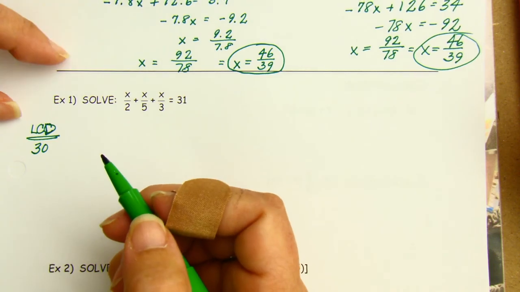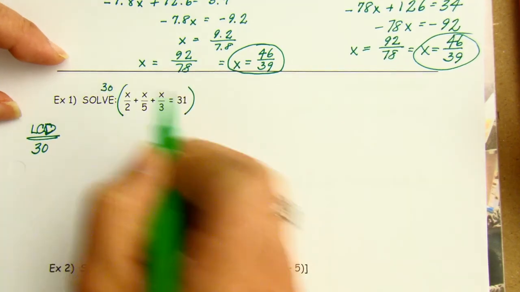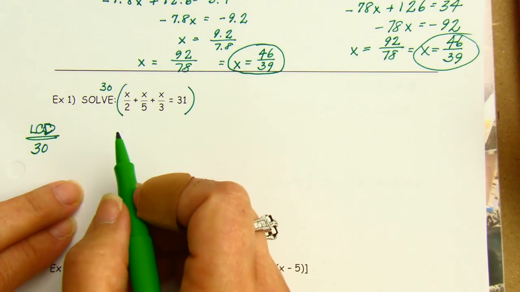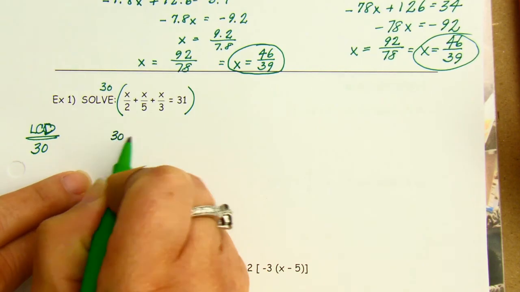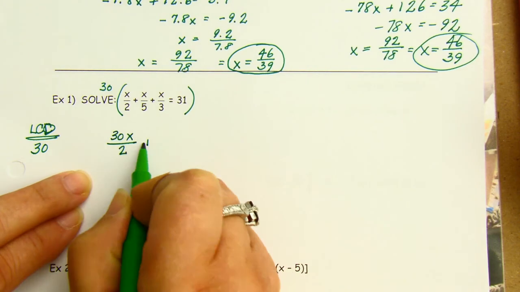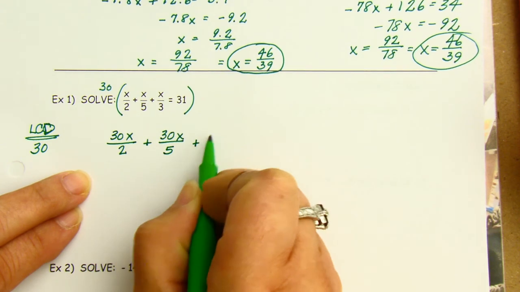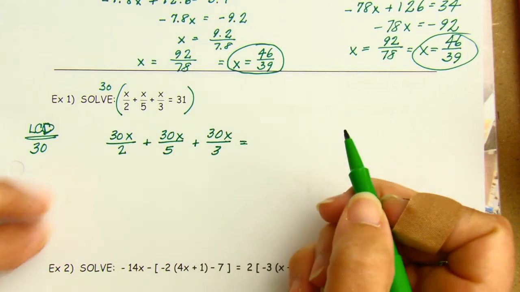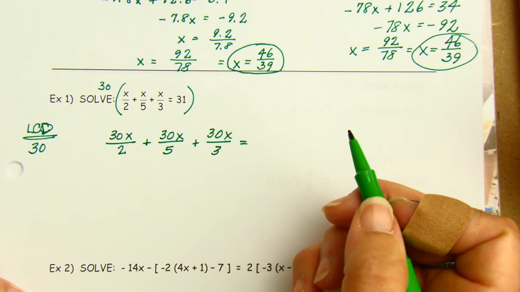So I'm going to take this whole equation and multiply through by 30. So when I do that, I get 30x over 2 plus 30x over 5 plus 30x over 3 equals, of course, 30 times 31, which is what, 930?